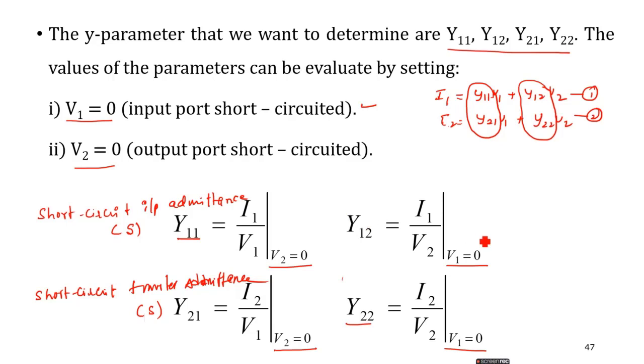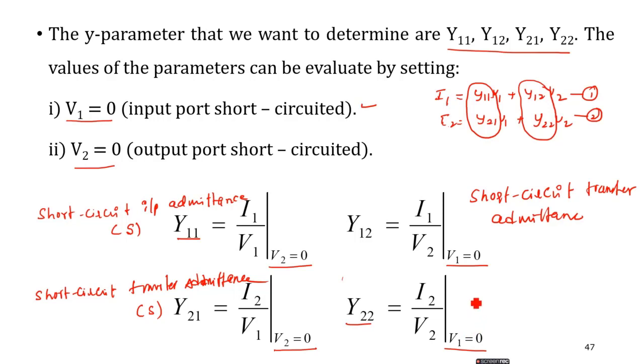Alright, what is this called? Y12. Y12 is called the short circuit transfer admittance. Then Y22.